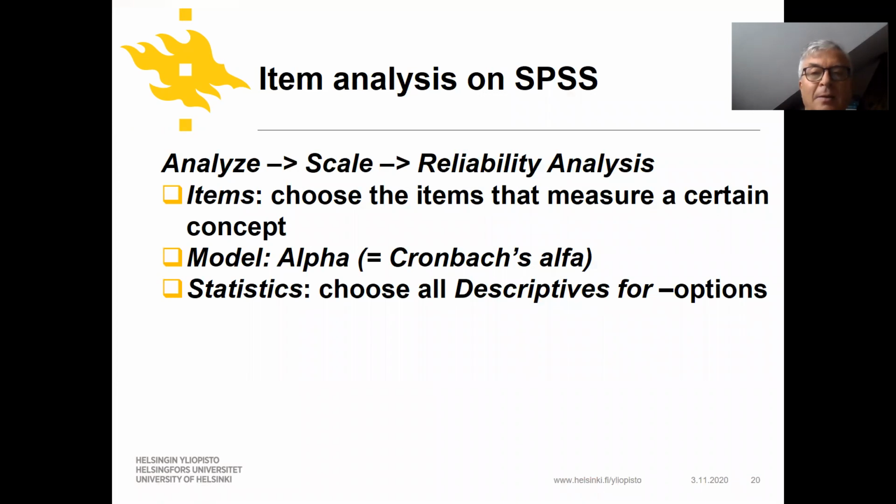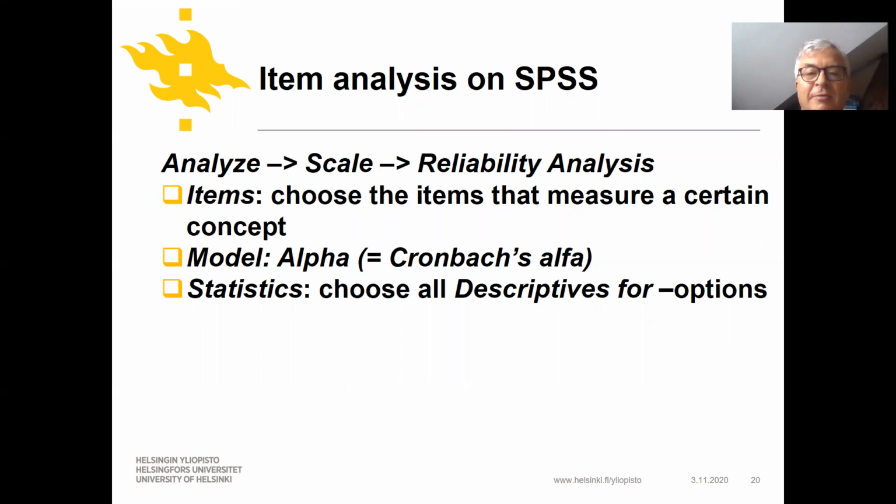This is just what the SPSS produces. First, the syntax tells you what you are going to analyze. You use scale and reliability, select reliability analysis. Well, that's what we just did. Then it tells you which items you choose. After that, you get to the point where you can choose the model, which typically in our case is alpha.